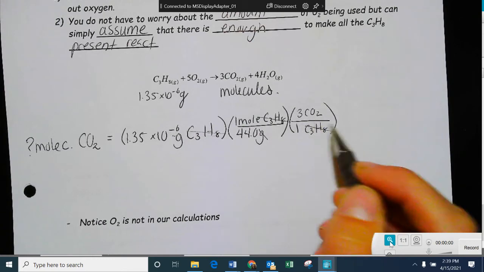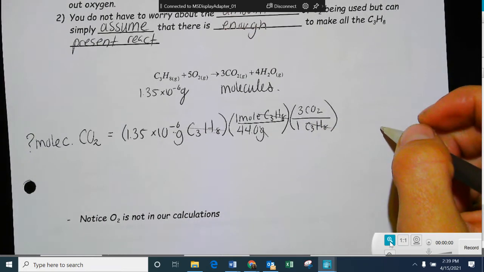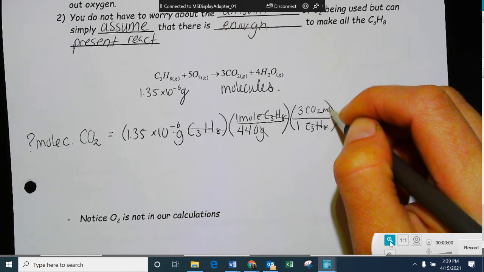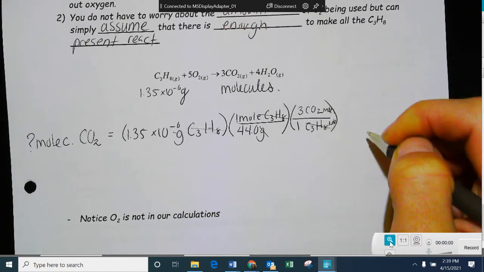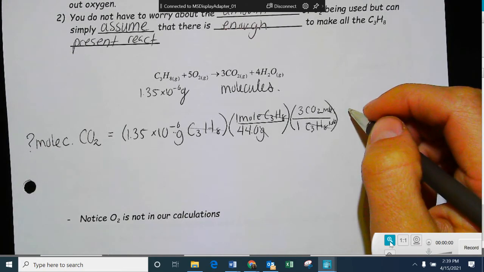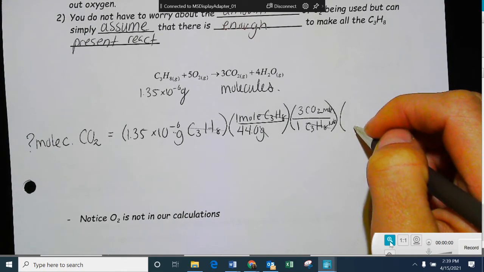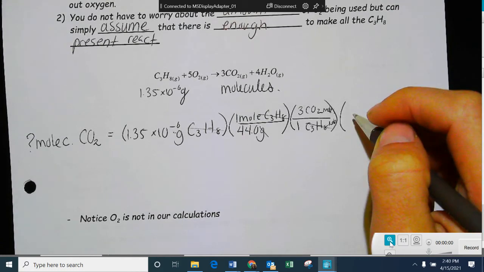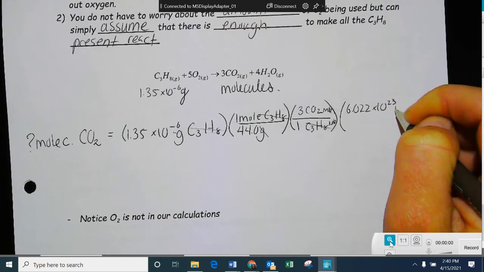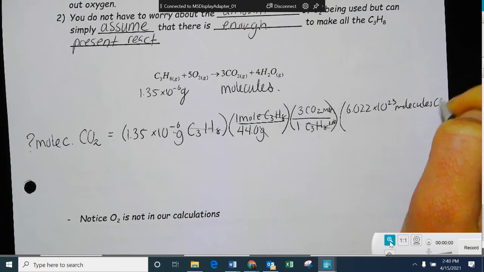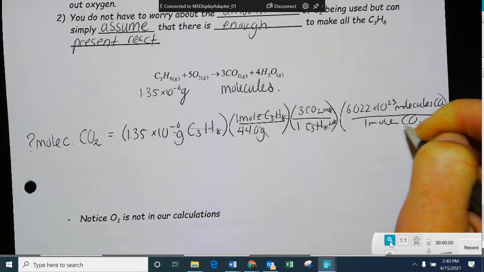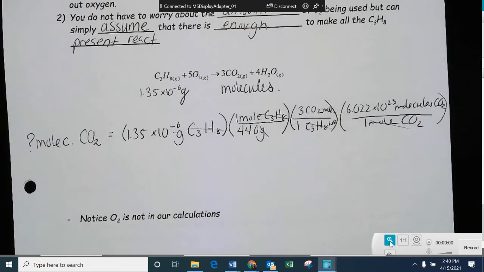So we're into just CO2 now, and we're going to molecules. So if we know how many moles, I should have written moles there. Okay, if we know how many moles of CO2 we have, what's that number that we use to get to molecules from moles? Awesome. So in every 1 mole, there are 6.022 times 10 to the 23 molecules in 1 mole. So that's going to be our last thing that we need to cancel out.